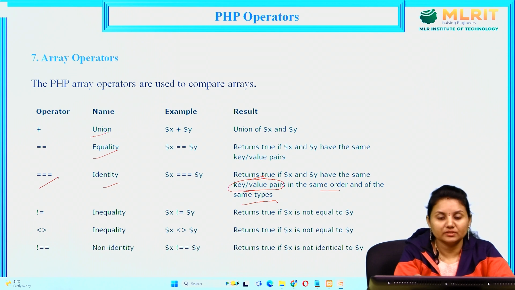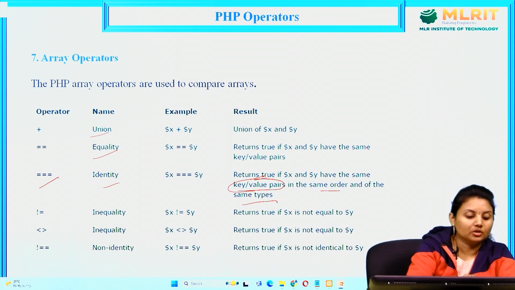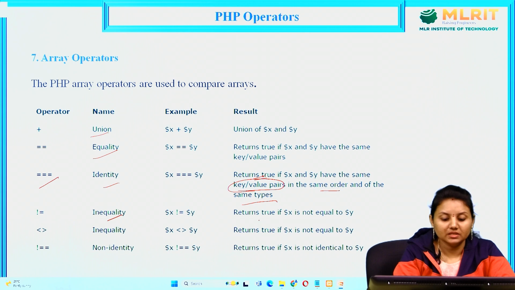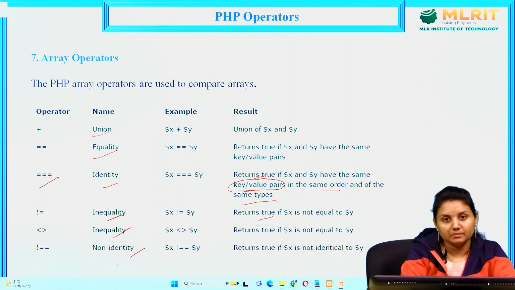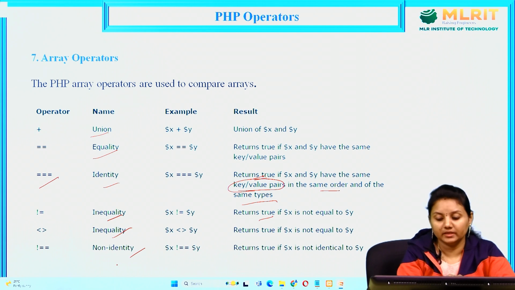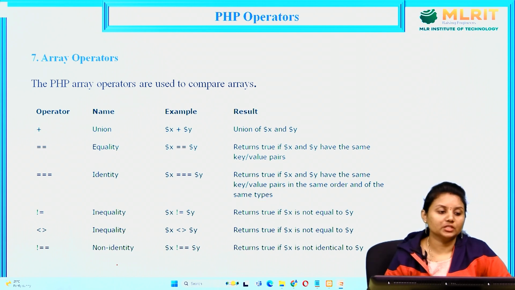If the type is different, then it returns false. Not equals to means inequality, returns true if they are not equal. Not identity means it returns true if they are not identical in type. It checks the type of the data that they are having. This is about the PHP array operators.